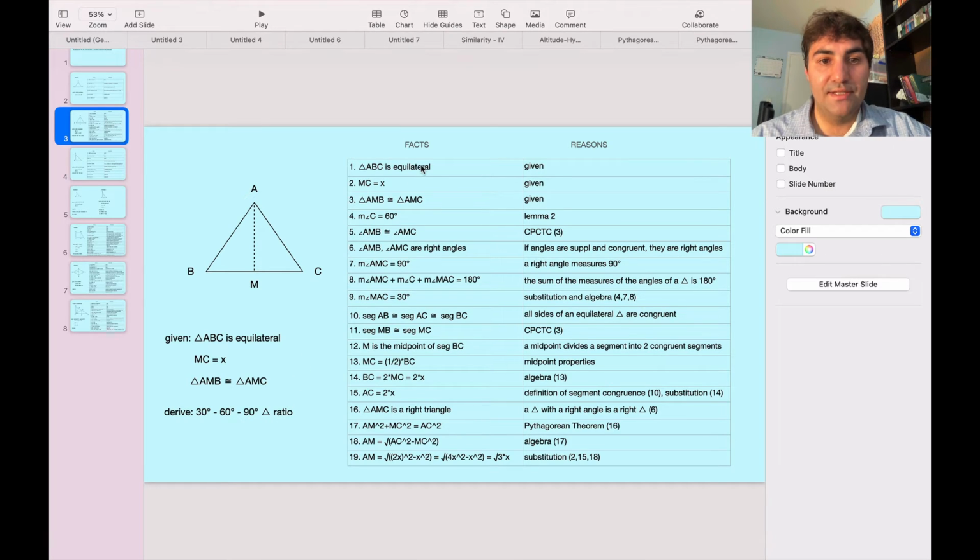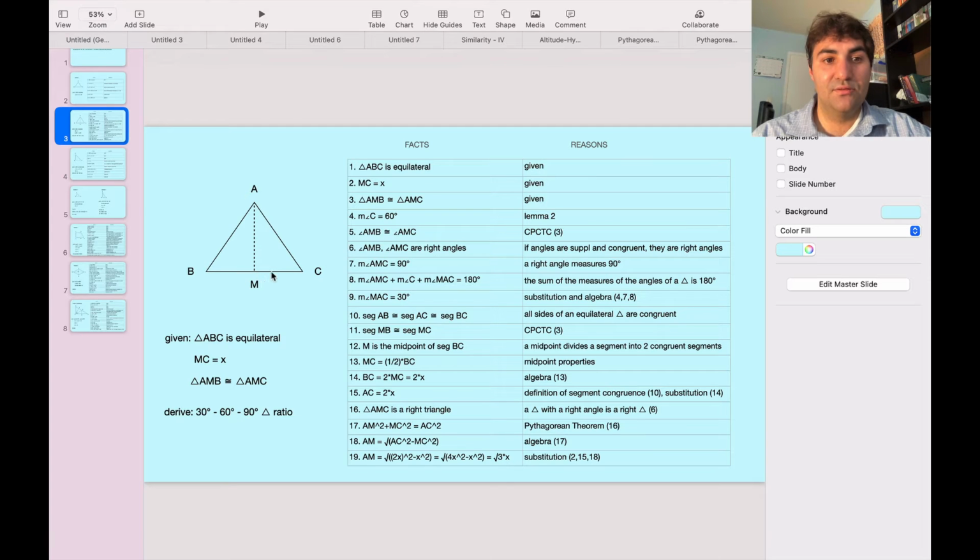Okay, so we write down what we're given, and we can say that since triangle ABC is equilateral, measure of angle C is equal to 60 degrees. We know by corresponding parts of congruent triangles are congruent that angle AMB here and angle AMC here are congruent.